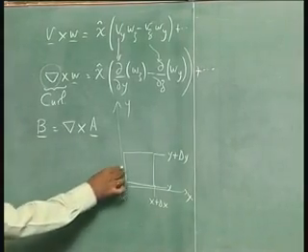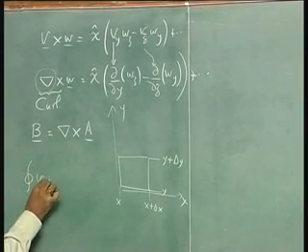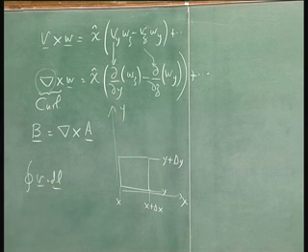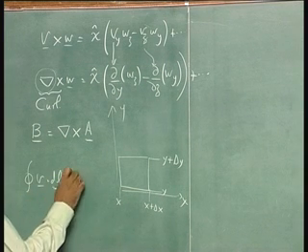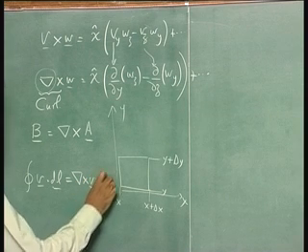And if you worked out the loop integral of v dot dl for any vector field v, what we found is that it is equal to curl of v times the area.